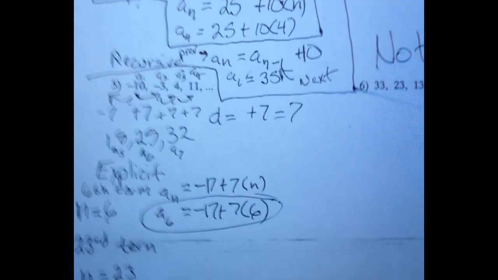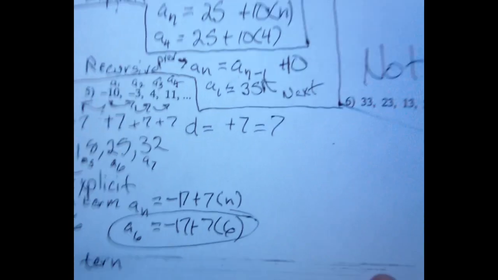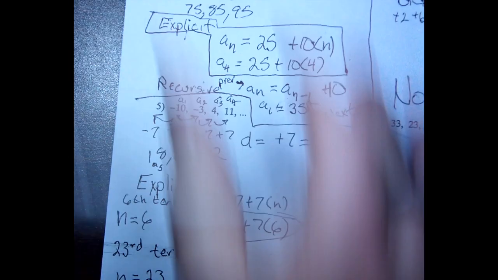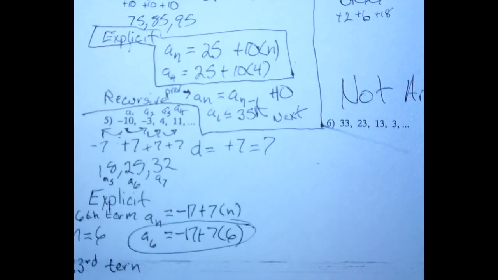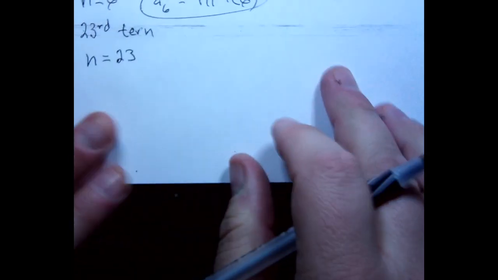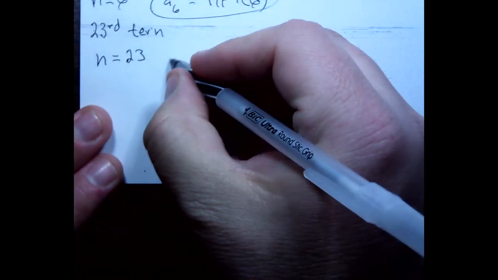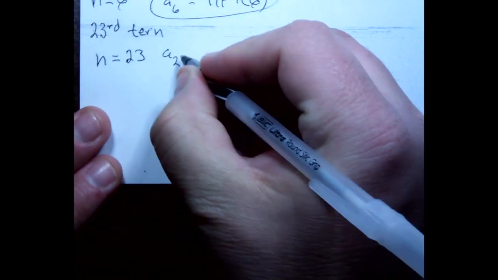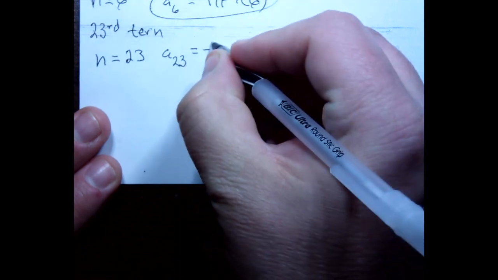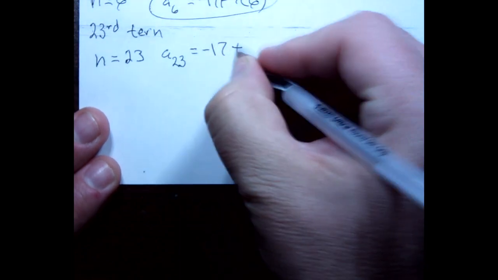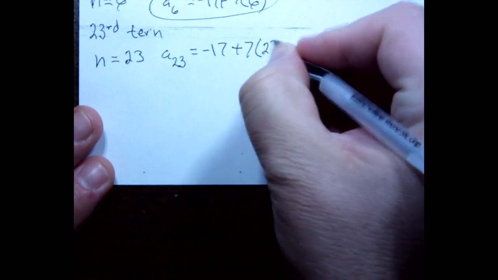So I'm going to say a sub 23 is equal to negative 17 plus 7 times 23.